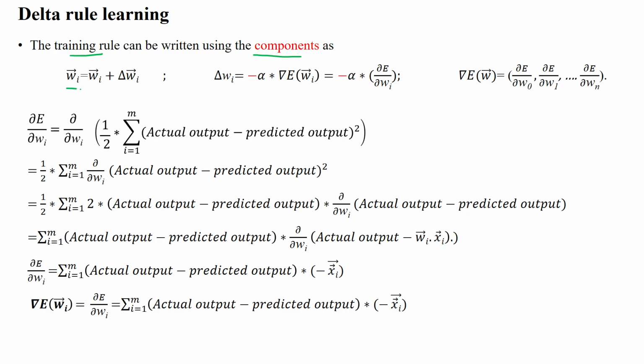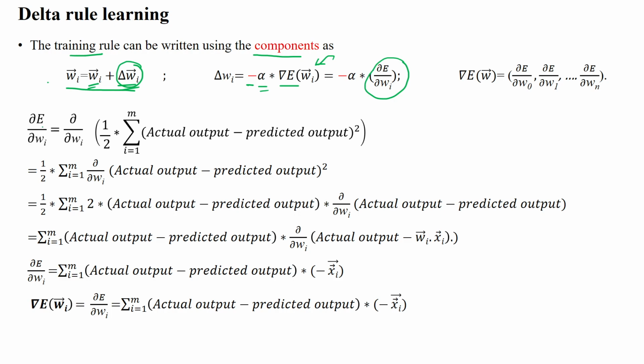The training rule is written using the following components. One is the weight update rule: new weight equals old weight plus delta wi. This delta wi we have already discussed in the previous slide: minus alpha into the gradient of error over all the weights. This can be represented using the gradient of all the parameters.